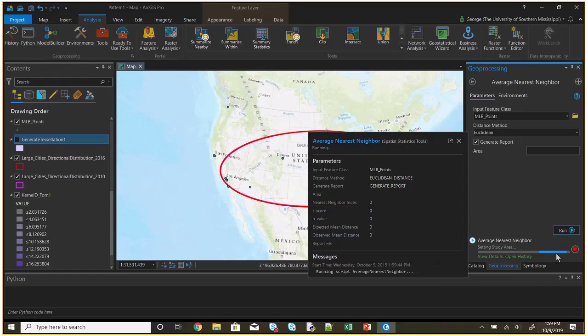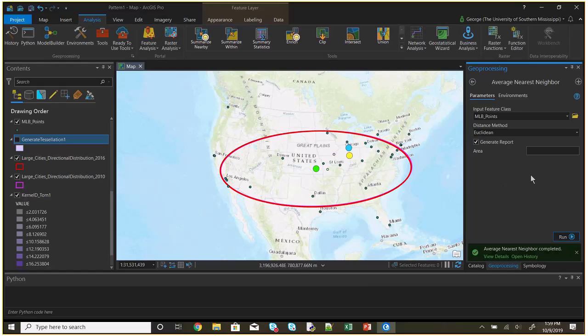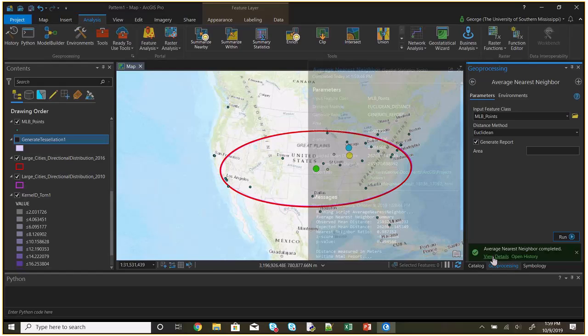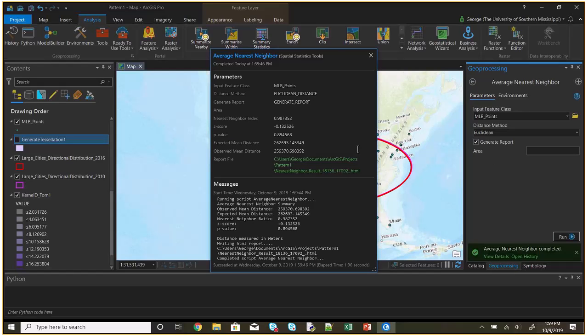Okay. Most of these other tools that are in the analyzing patterns and the other toolboxes, they generate a report along with the result. So what you get here is the result that shows you the average distance right here, 259,370. This tool doesn't return any spatial thing. There's no spatial result.